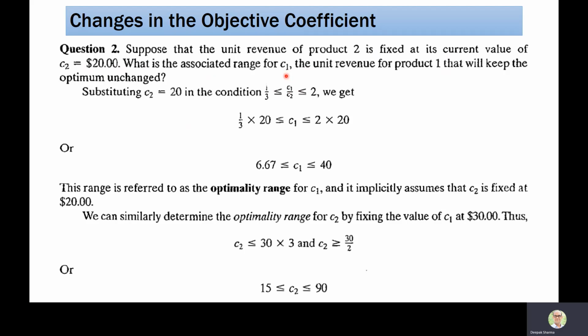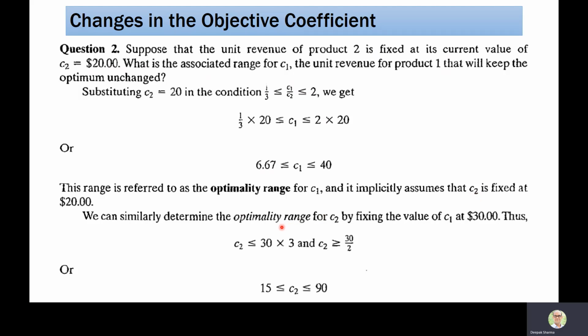It is easy because C2 is given. I know the range: 1 by 3 smaller than or equal to C1 by C2 smaller than or equal to 2. I can put in the value of C2 as 20. So I can say that C1 will lie between 6.67 and 40. This range is only valid when C2 is 20. So this is the optimality range of C1 when C2 is fixed at 20.